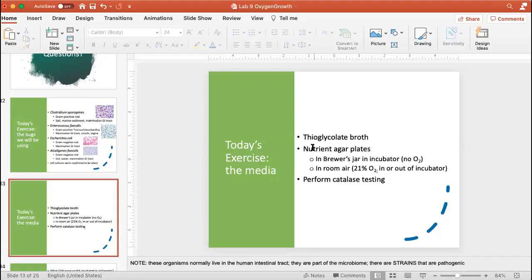So this will be our experimental setup for Wednesday. We're going to take thioglycolate broth and put cells in. Then we're going to take those four tubes, one for each of the organisms, and put them in the incubator.